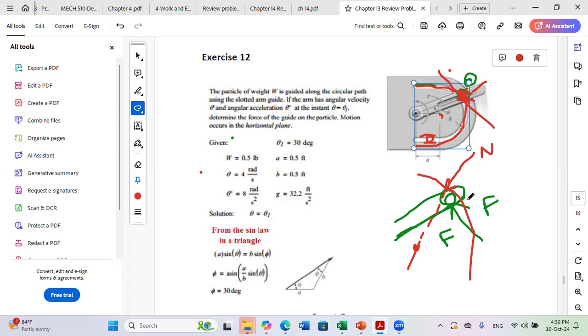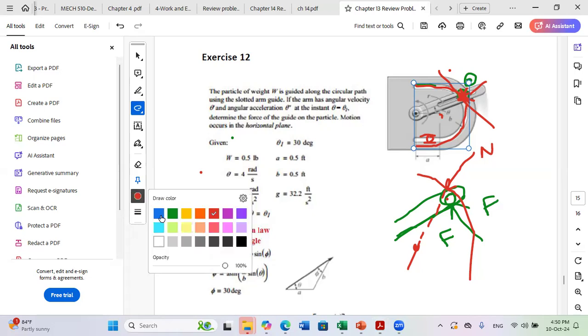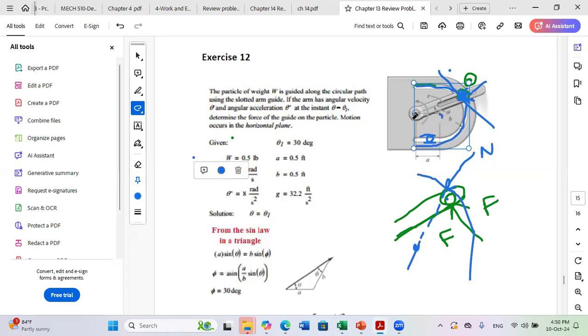N direction is along the radius of the circle, and F is perpendicular to the arm. Now, if you want to put UR and U theta, UR is along the rod, okay? Because UR is from the origin. Where is your origin? Your origin is here, okay? So UR is like this.